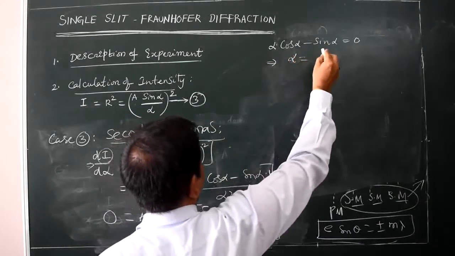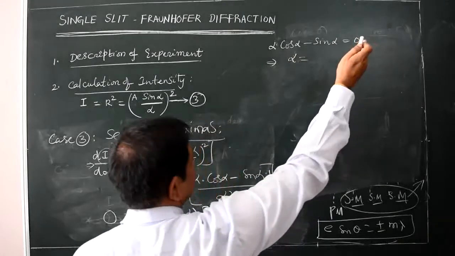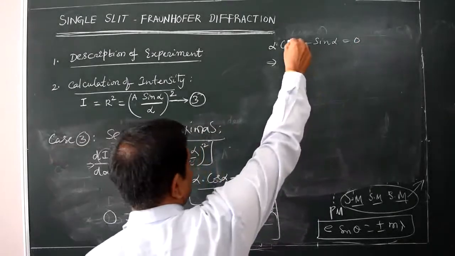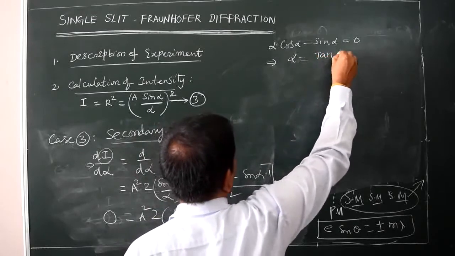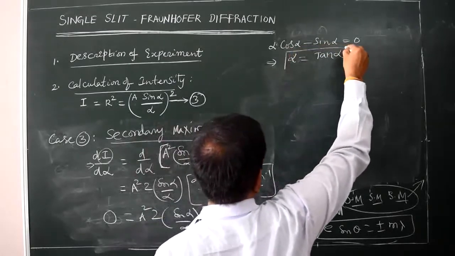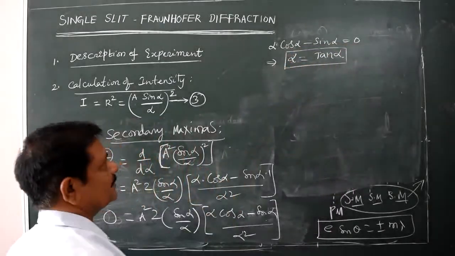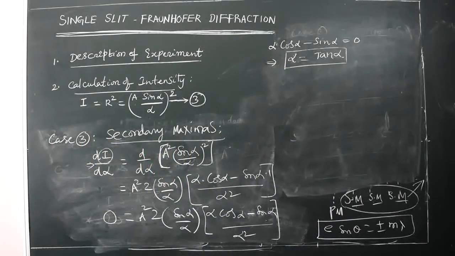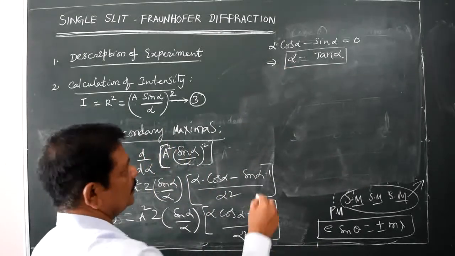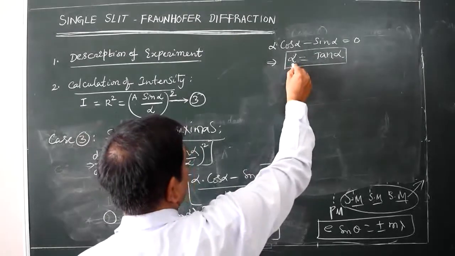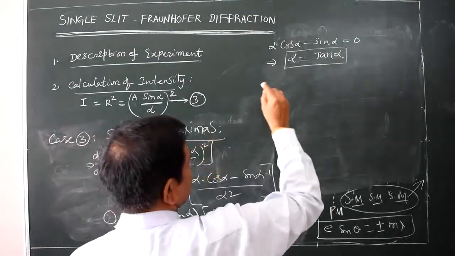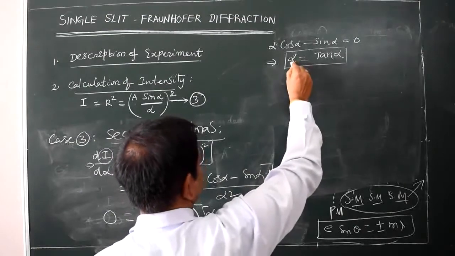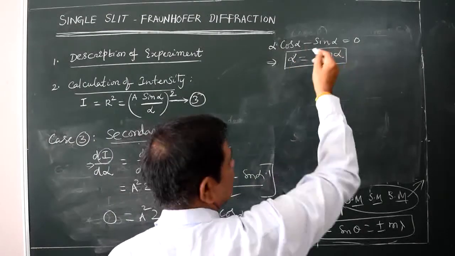This implies alpha is equal to, taking the sin alpha to that side, alpha into cos alpha equals sin alpha, so alpha is equal to sin alpha by cos alpha, which is tan alpha. So alpha is equal to tan alpha is the resultant point of intensity. Here we can see that the condition of secondary maxima occurs at the common condition of y is equal to alpha as well as tan alpha.